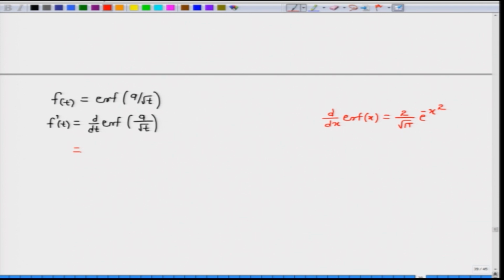So, here we will have to first evaluate d by dt of a by root t. So, d by dt of a by root t would be minus a by 2 t to power 3 by 2.